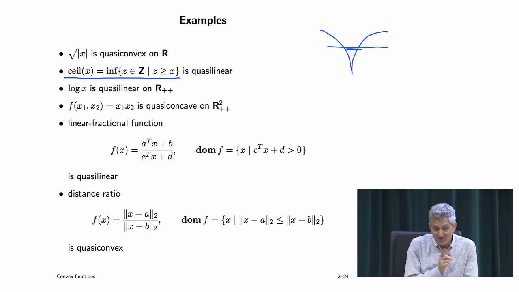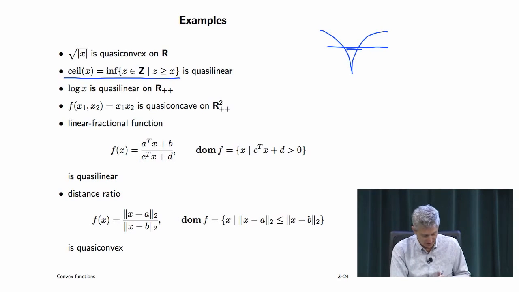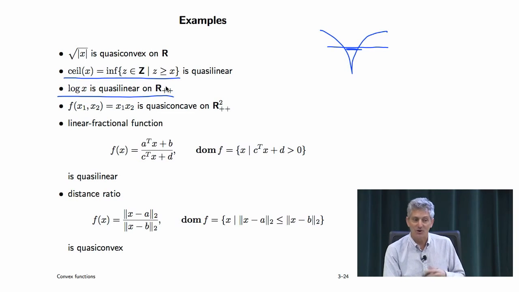That's pretty weird because that thing is integer valued, and you don't have very many integer valued convex functions. Well, you have a couple, but they're really silly. Mostly they're constant, and not interesting. But that says the ceiling of a function is quasi-linear. You'll see some more interesting examples, certainly in the book and in homeworks and things like that. Log x is quasi-linear. So a monotone function is both quasi-concave and quasi-convex.